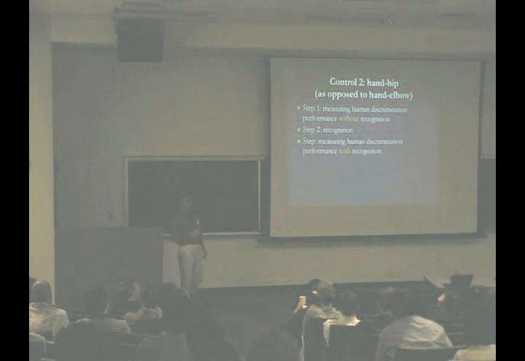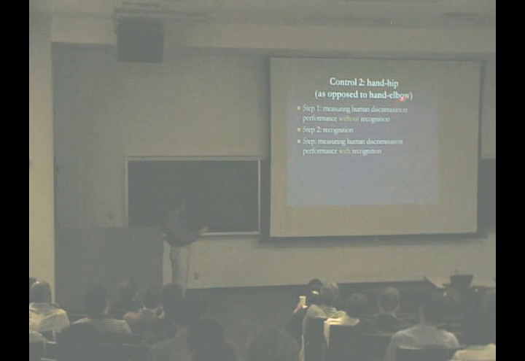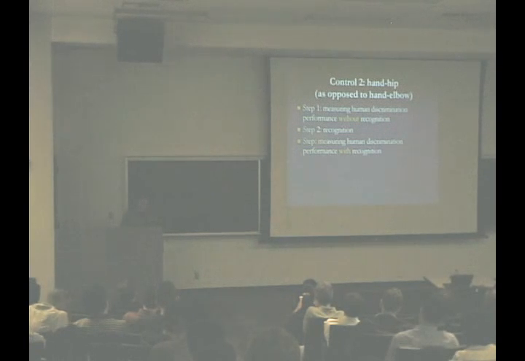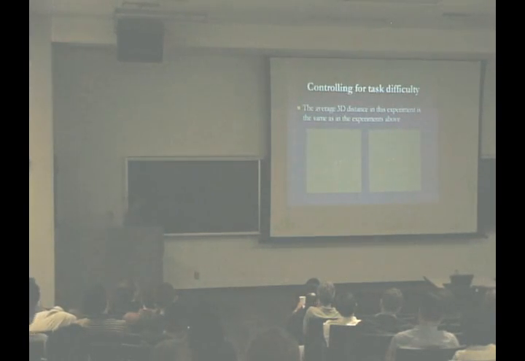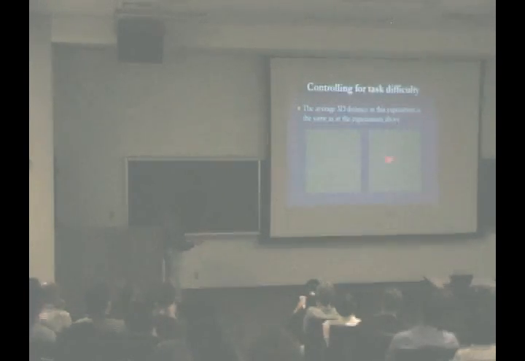That's the rationale of the second control experiment. So we use hand-hip as opposed to hand-elbow dot pairs, repeating all three steps: without recognition, the movie, and with recognition. This slide shows the stimulus in step 1 upside down, hand-hip, and upright hand-hip performance.